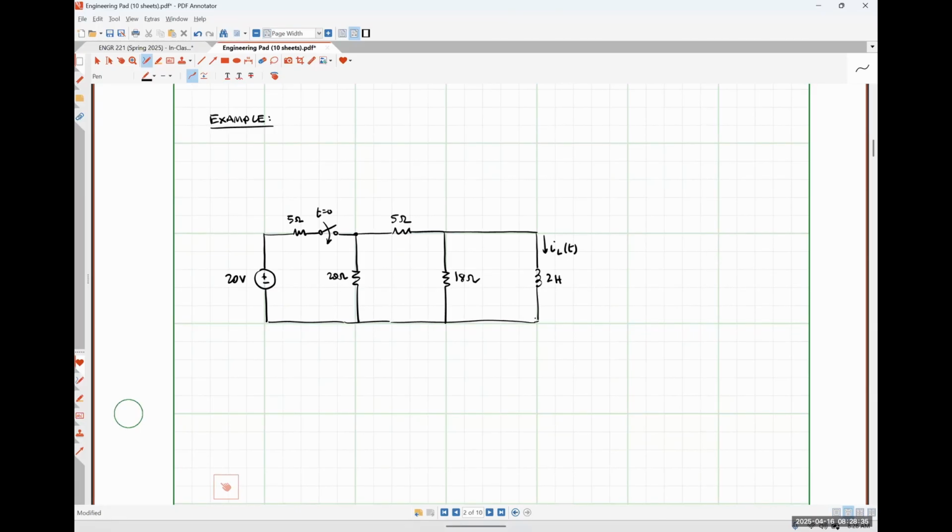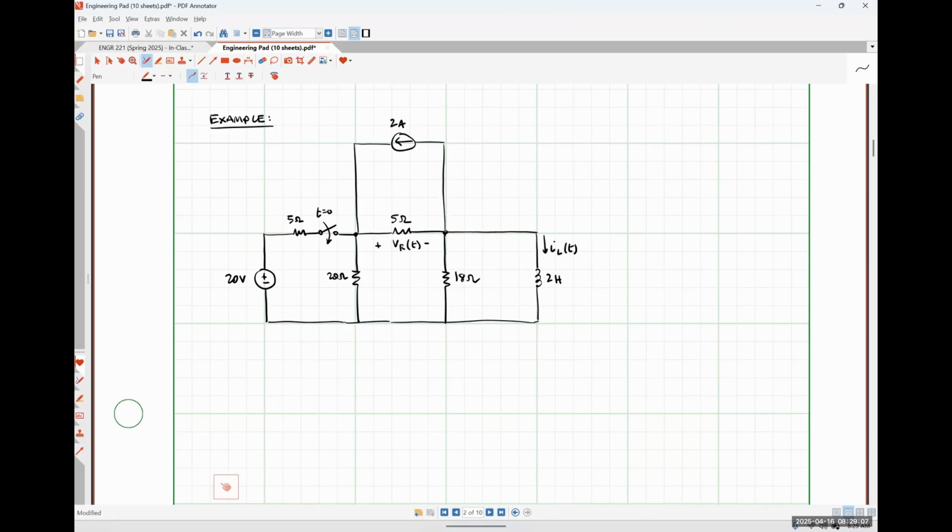And then across the top, I'm going to have another current source, a 2 amp source. So the one on the left is 20 volts. And for what it's worth, let's define this voltage as VR of t, okay?